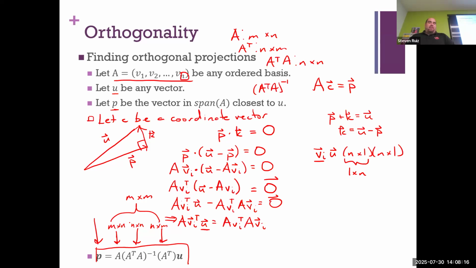How big is P? What's the order of P? Something by 1, right? So remember what P is. P is a linear combination of the columns in A, right? So how many coordinates do I need?